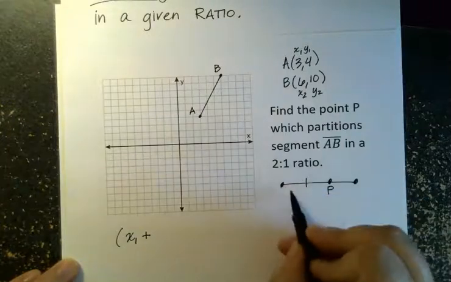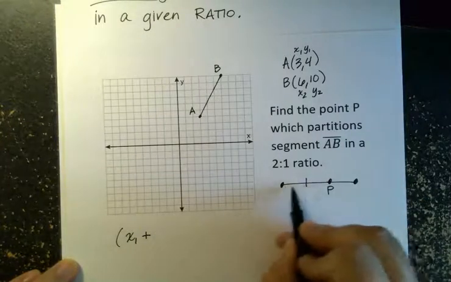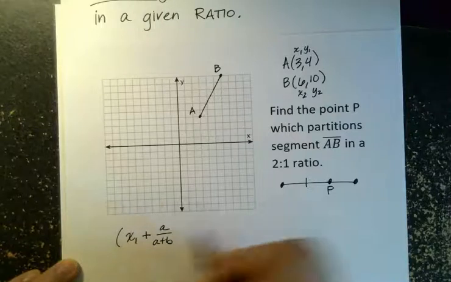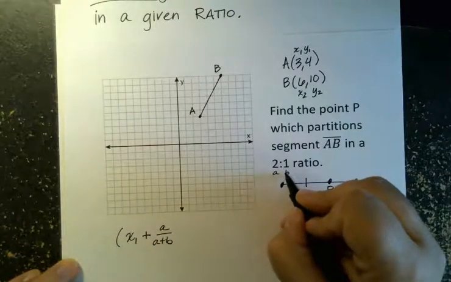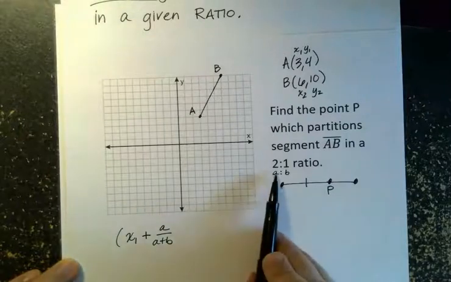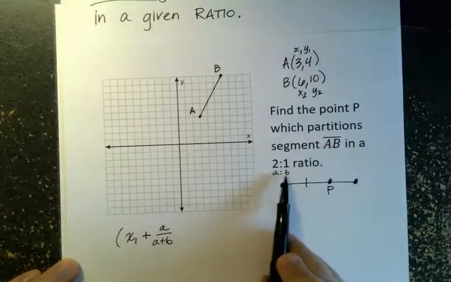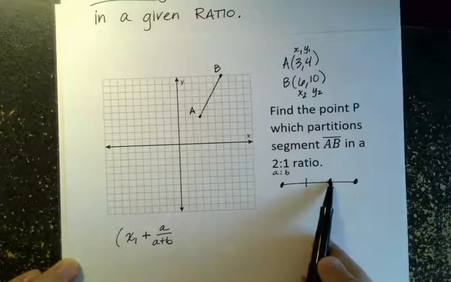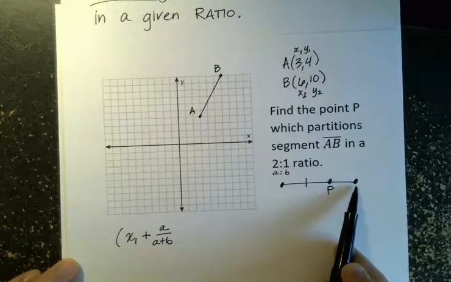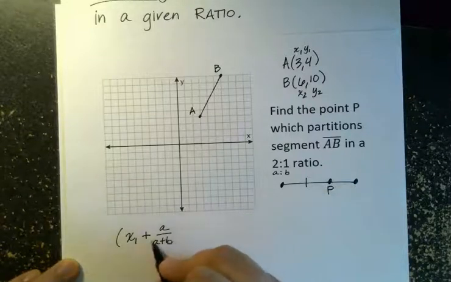A 2-to-1 ratio means 2 parts out of 3. I'm going 2/3 of the distance. This can be thought of as, if my ratio is A to B, then A over A plus B. In other words, a point that divides it in a ratio that's 2-to-1 is 2/3 of the way from A to B. That's what this part is doing.